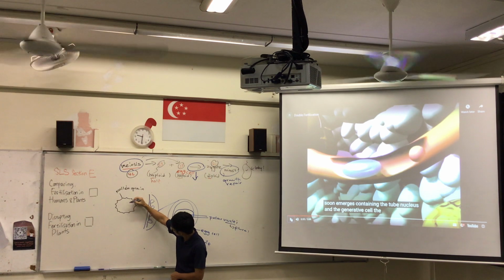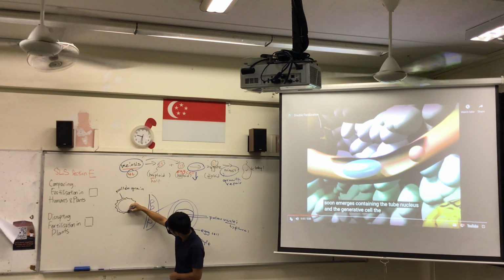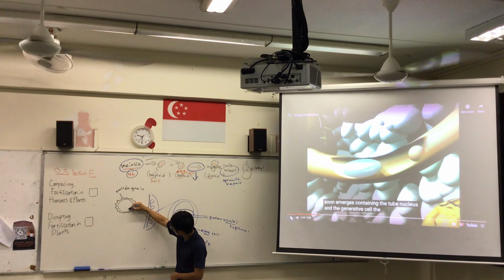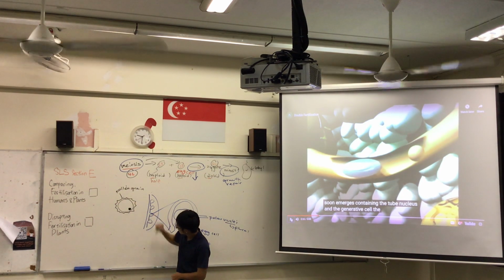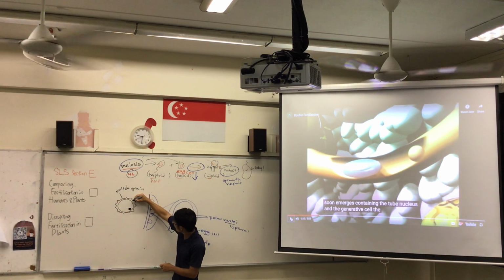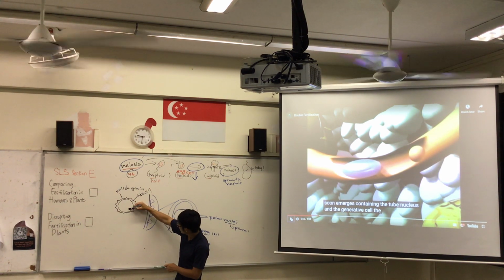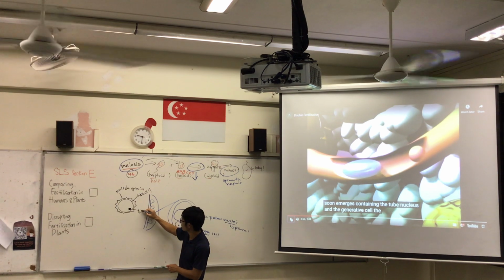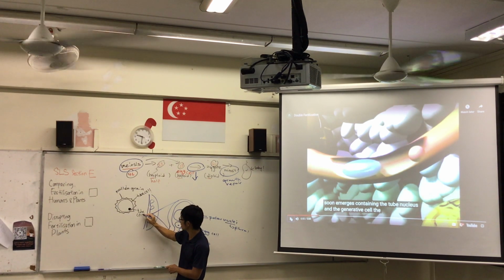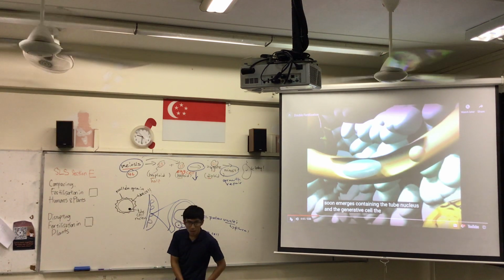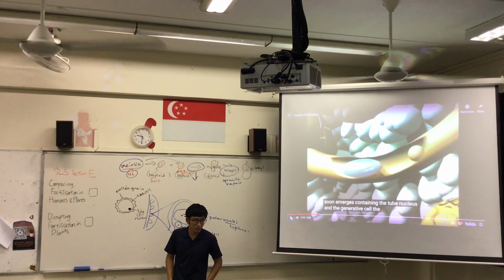Every pollen grain consists of a tube cell. So this is the tube cell in black. The tube cell has its own nucleus, which is what they call the tube cell nucleus. And this is very, very odd, huh?